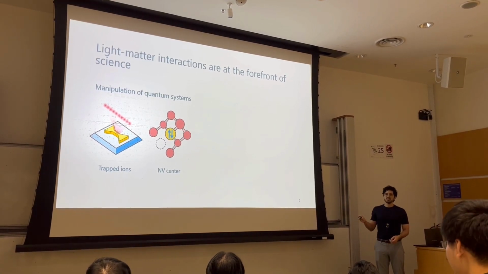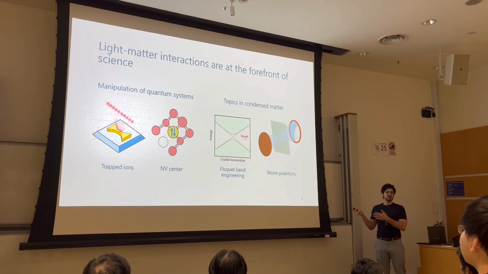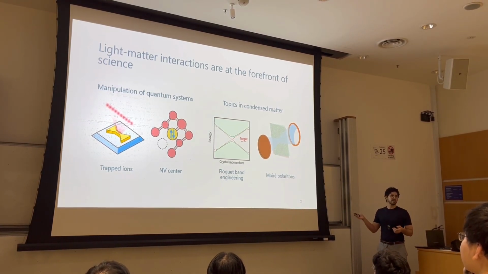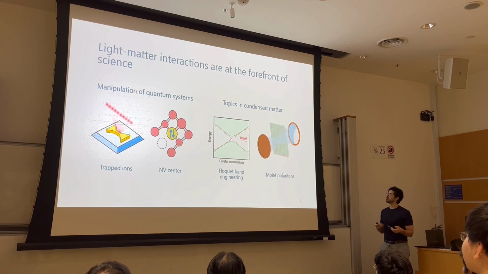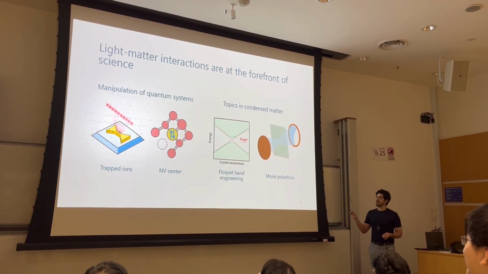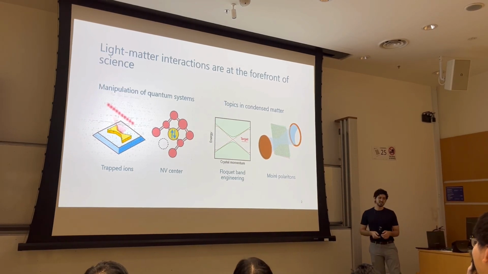And besides technologies, we also are interested in frontier research topics, such as Floquet band engineering for manipulating the electronic band structure of crystals, or the creation of light-matter hybrid excitations, such as Mott-Hubbard polaritons.